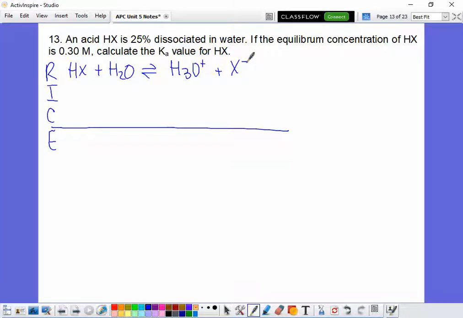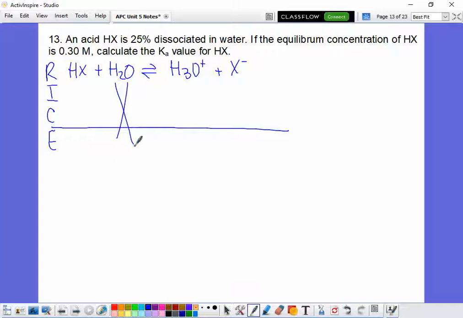H3O plus and X minus, right? Xe is xenon. X, we don't know what it is. It's an unknown, just a random acid HX. Get rid of the H2O.